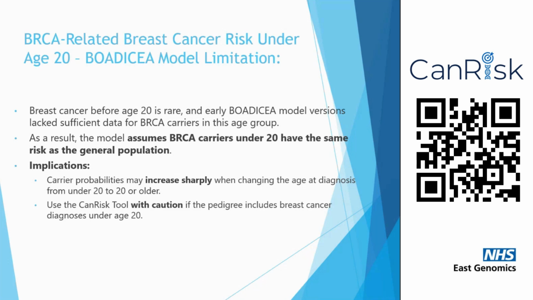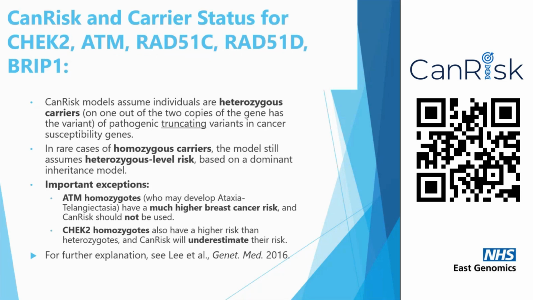So if you've got a family history where a sister had breast cancer at 18, in a way you're better putting her in at 20 to ensure that she's still deemed in the calculation to be at relatively high risk. Okay.